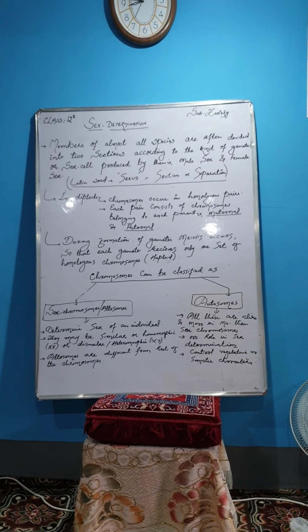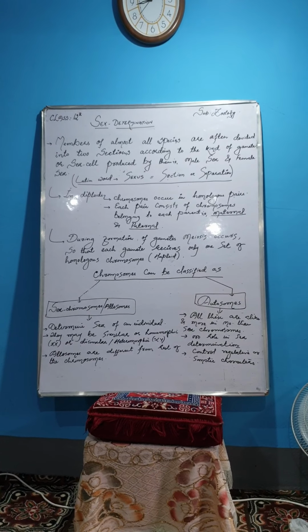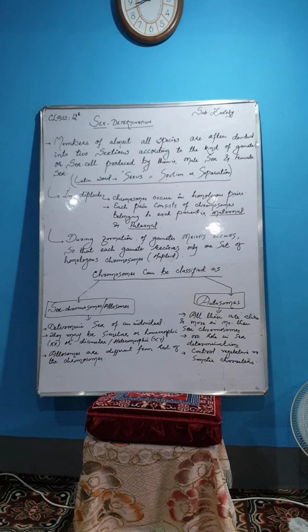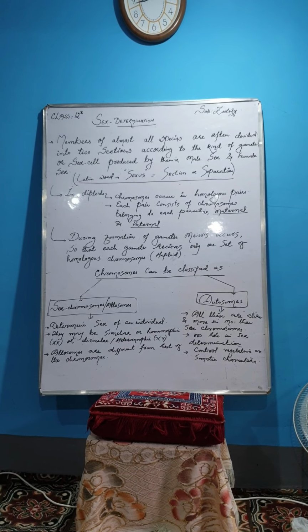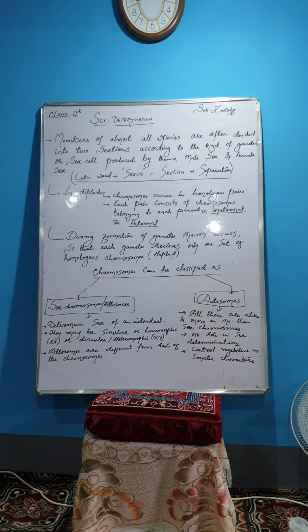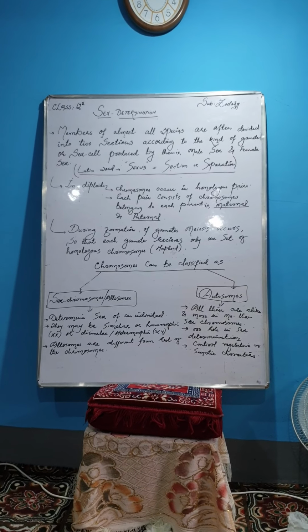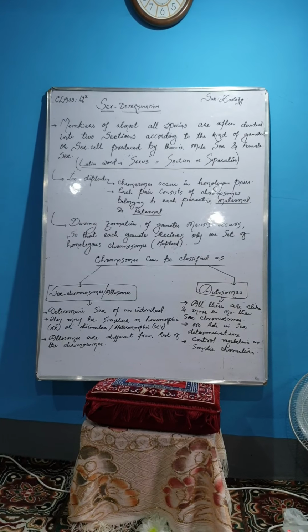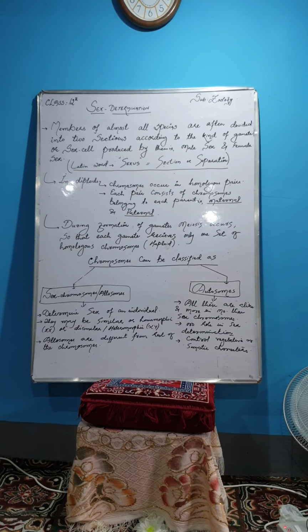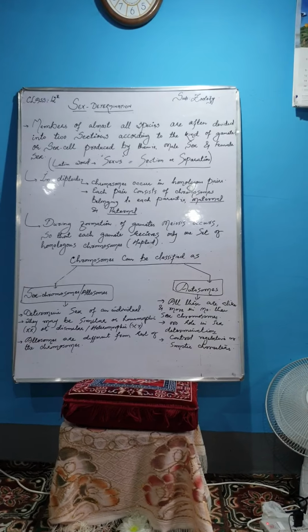A single pair consists of two chromosomes. In a single pair of chromosomes, one chromosome belongs to one parent, and the other chromosome of the same pair comes from the other side.